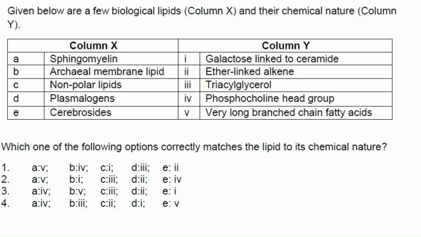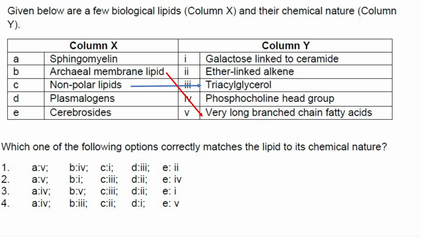Now let's start matching. First match, they have given themselves: non-polar lipids and triacylglycerols. If you look at the options, option 2 and option 3 have C3 combinations. So we just have to figure out a few more. As we just discussed, archaeal membrane lipids have very long branch chain fatty acids.